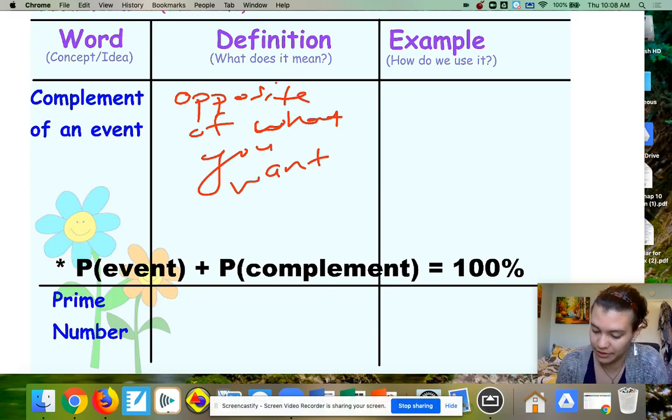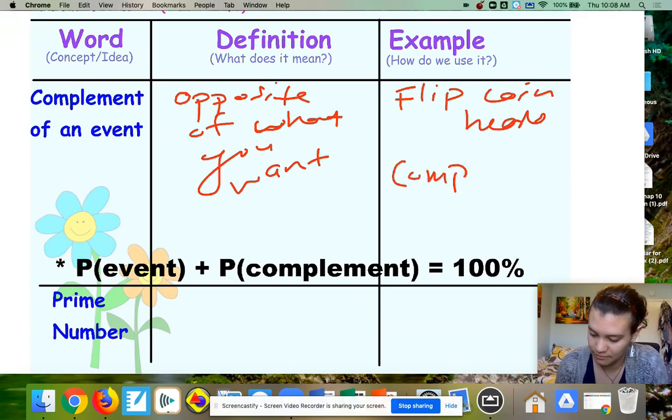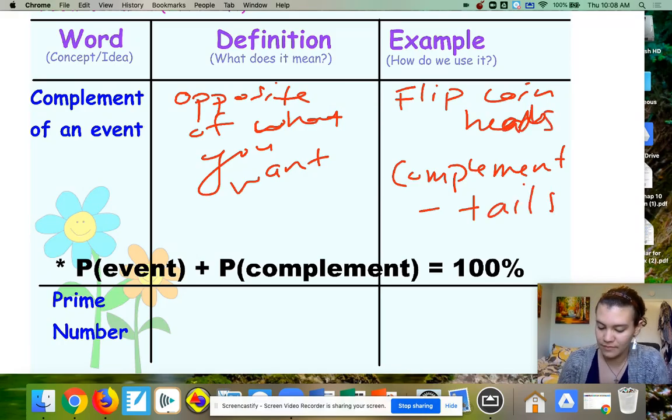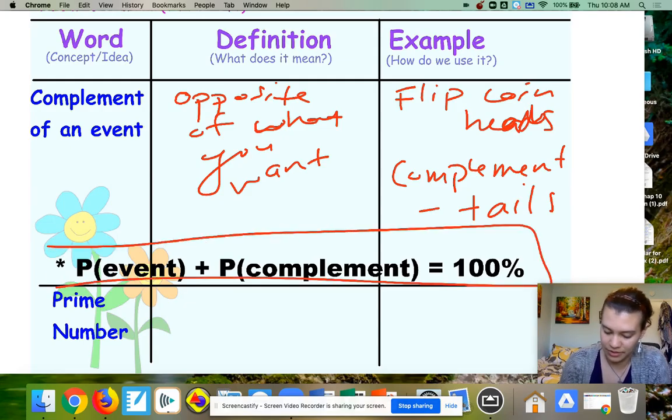So your example here, if you flip a coin and you want heads, the complement would be tails. It's whatever you didn't want to happen. And then a note here, this is important. The probability of what you want to happen plus the probability of what you don't want to happen, or the complement, always has to be 100%.